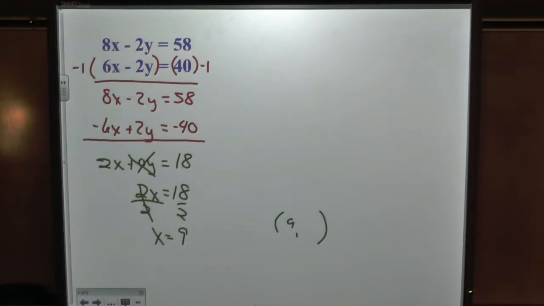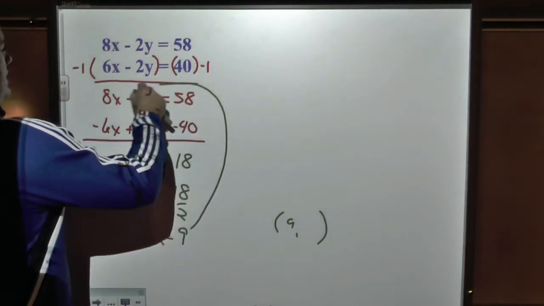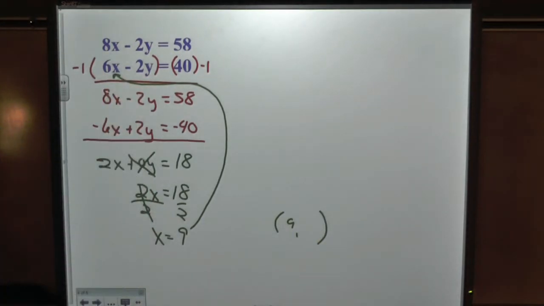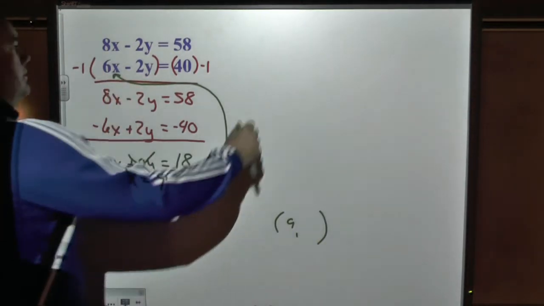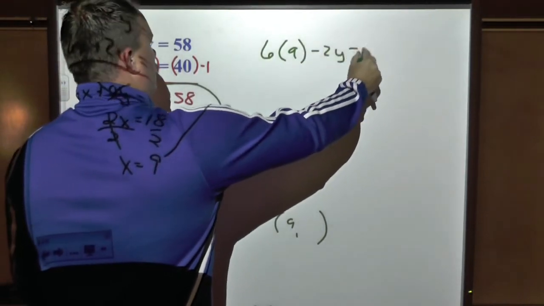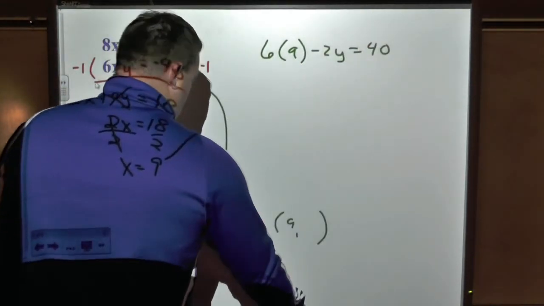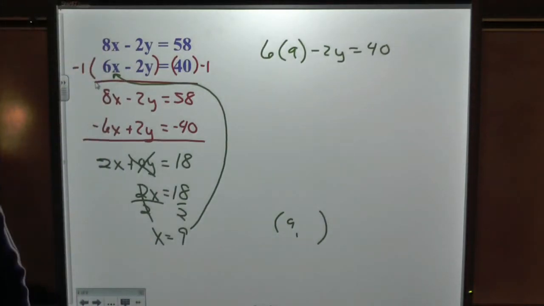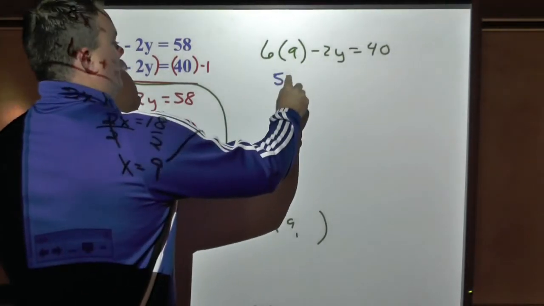So, go back to your original equations. Again, it does not matter which one you choose. I'm going to use the second one. So I'm going to plug that 9 in for x. So 6 times 9 minus 2y is equal to 40. At this point, I go through and I solve. 6 times 9, 54.